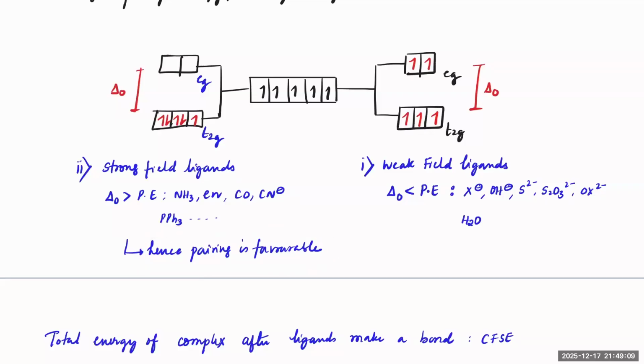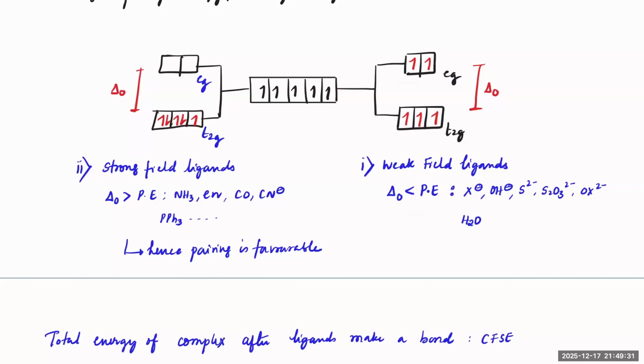While if you notice here, if the splitting energy is lesser than the pairing energy, then instead of pairing, it is much easier to go towards the higher state and get adjusted there, isn't it? So instead of pairing, excitation is more favorable.